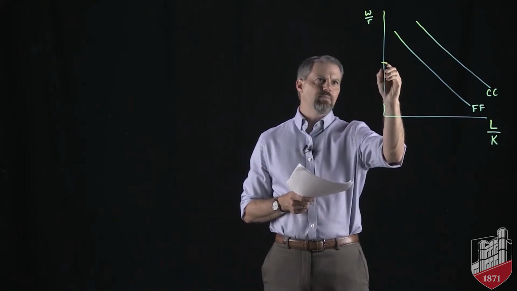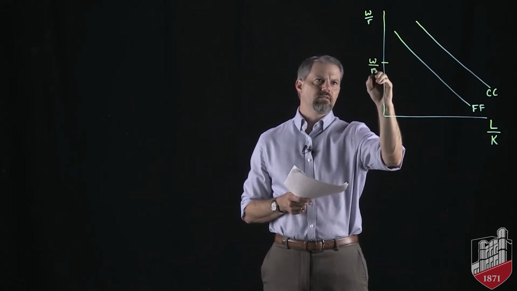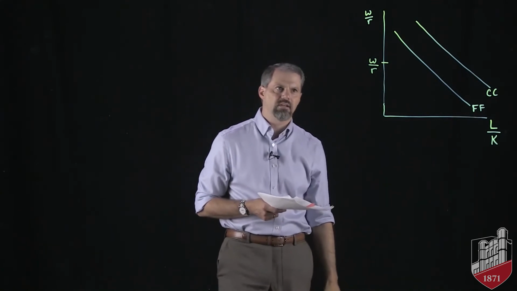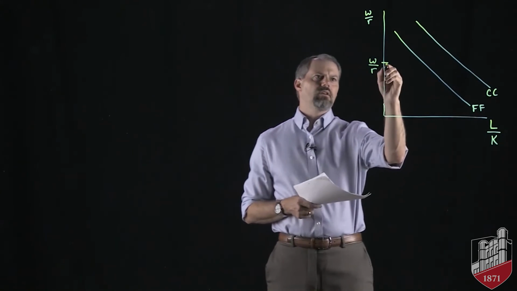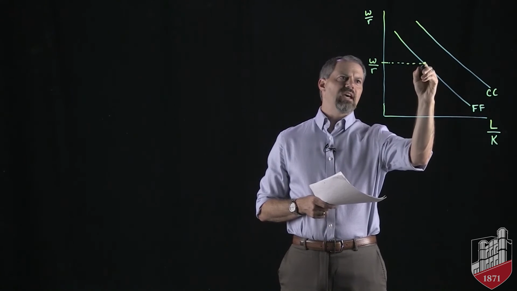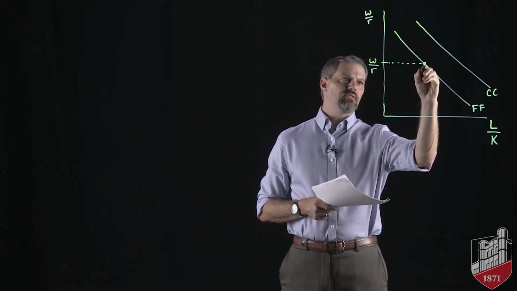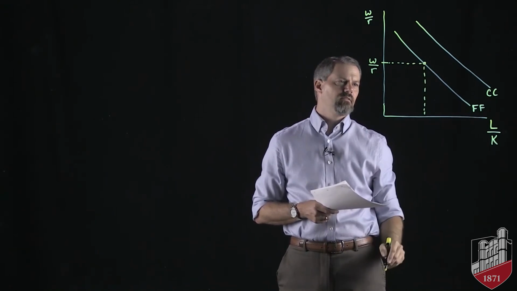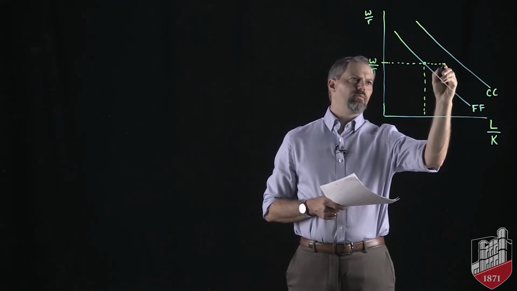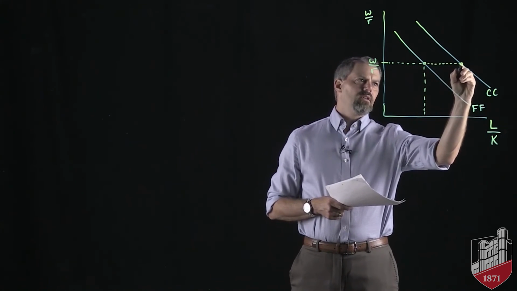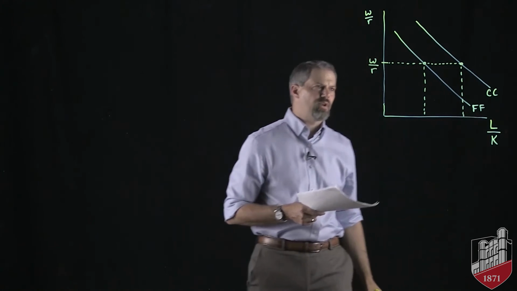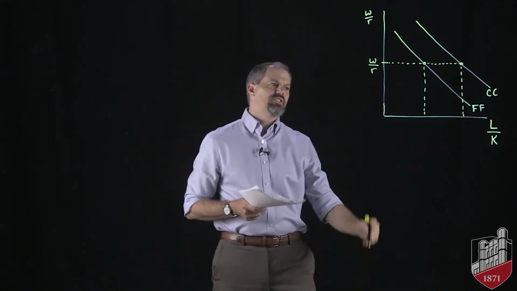Now, by drawing that relative input demand curve for cloth to the right of the relative input demand for food, what we're saying is that at any particular relative wage, so if we pick a relative wage right there, we can look at the amount of labor to capital that's used in food production. It would be right here. And we could also look at the amount of labor to capital that's used in cloth production, and we would see that it's higher.